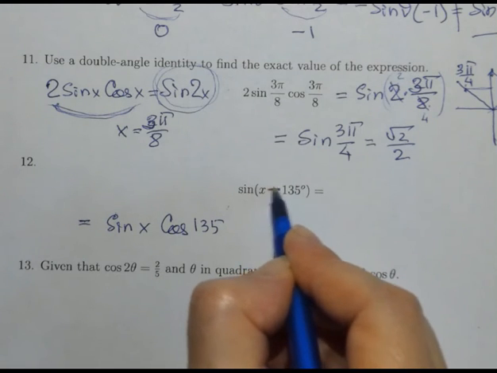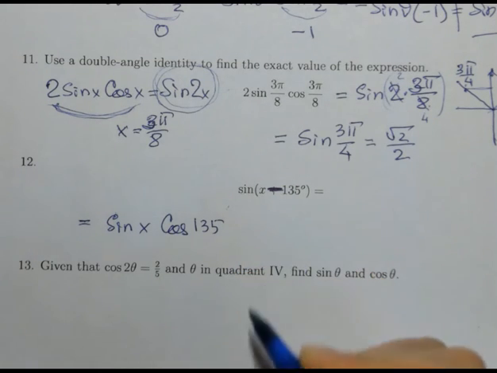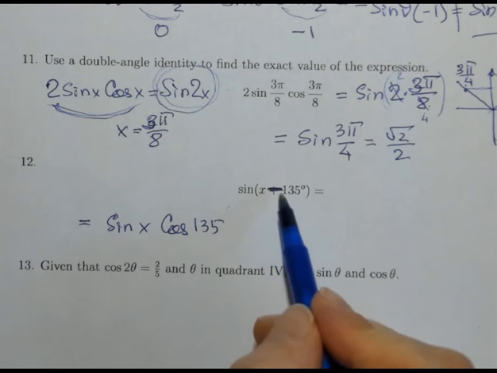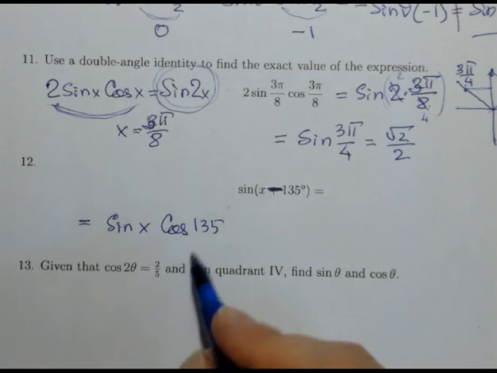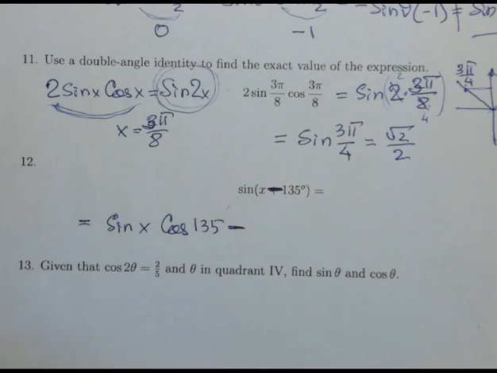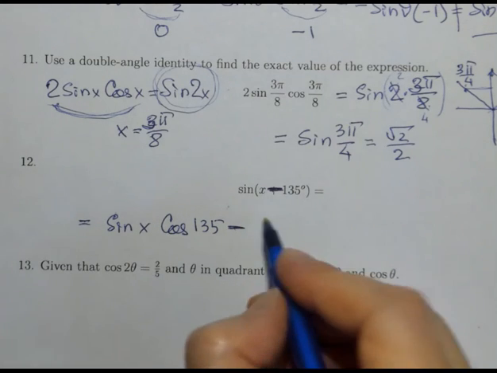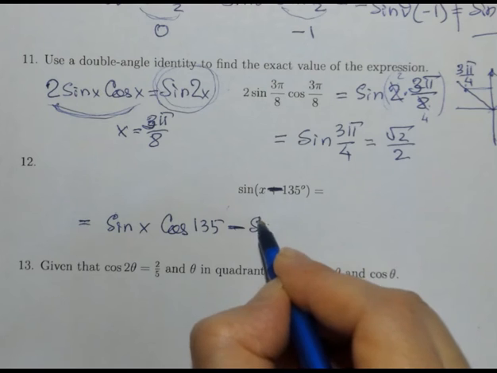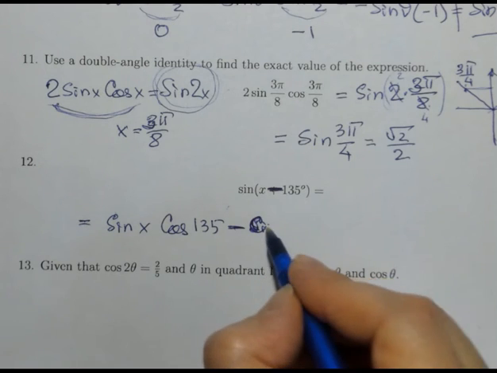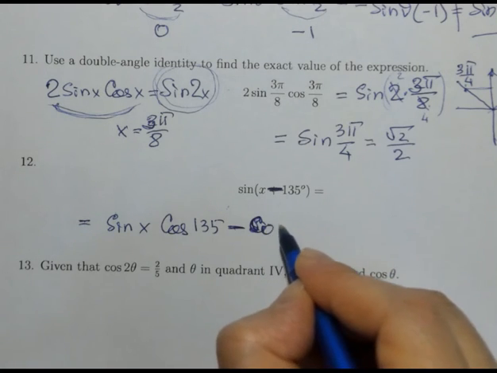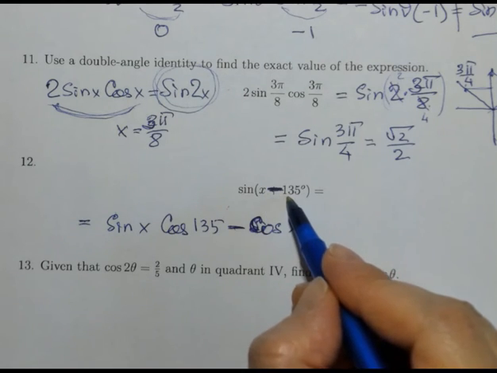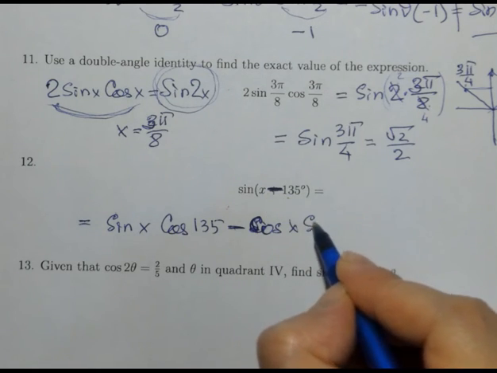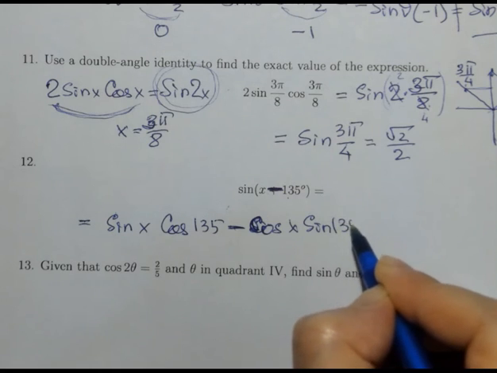Let us find it with minus this time. So in the sine identity we have plus, but the cosine of 135 is negative. In the second term, we have cosine of the first, cosine of x, times sine of the second, times sine of 135.